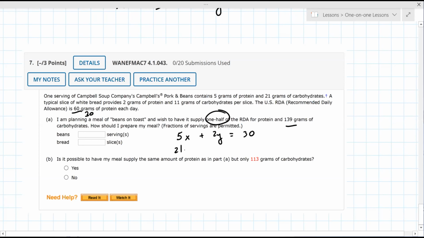I got 5x plus 2y equals 30 and 21x plus 11y equals 139. Okay, so try to get that into your calculator.